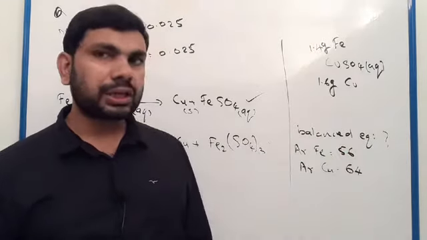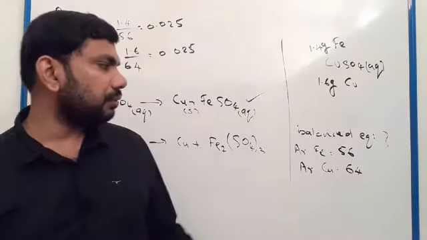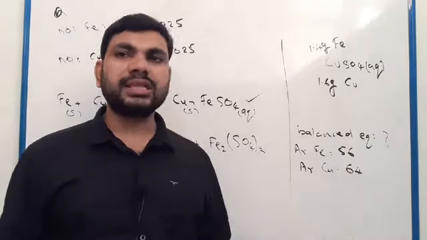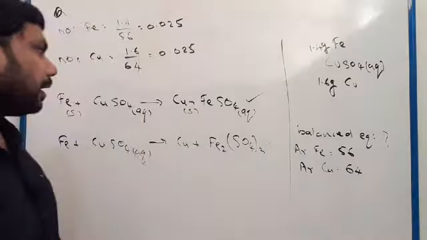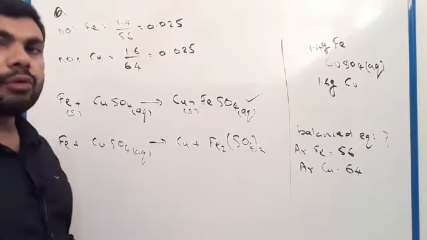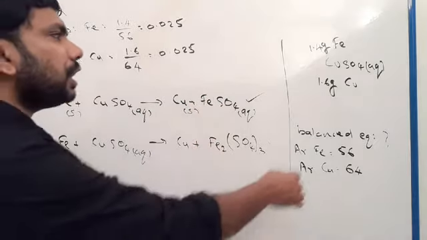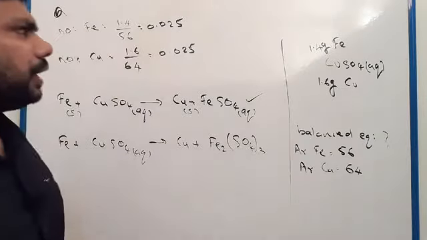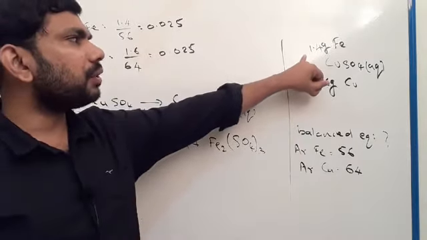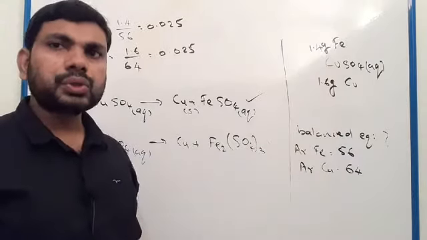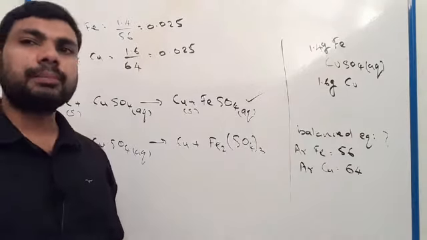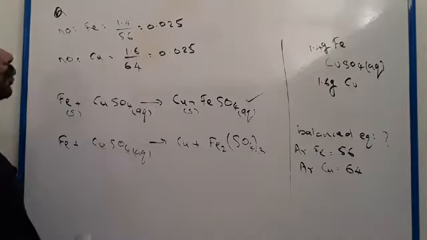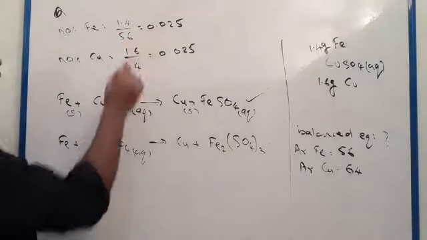What is the balanced equation? Also, using the periodic table you will get the relative atomic mass of iron, 56, and the relative atomic mass of copper, 64. So you have to write the balanced chemical equation. How can you write it using this information? This we have to check now. You know the mass of iron and the mass of copper, so using this you can find the number of moles of iron and copper.